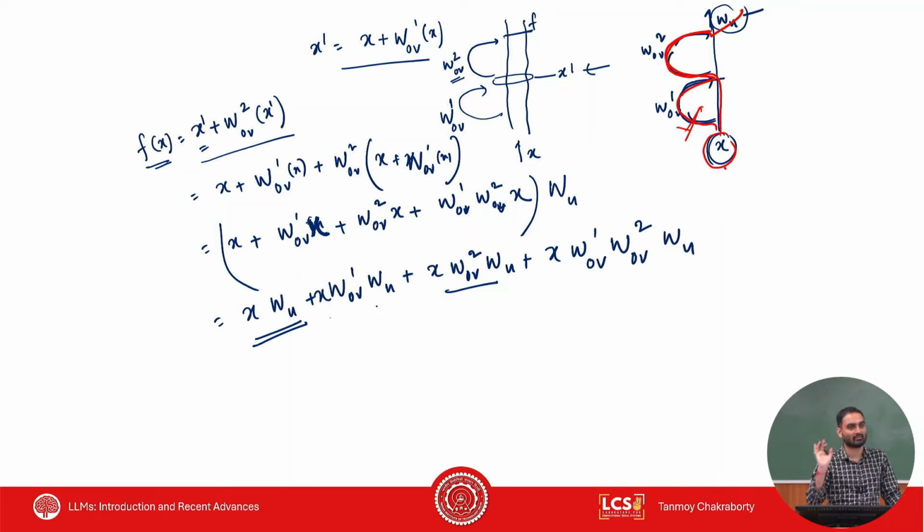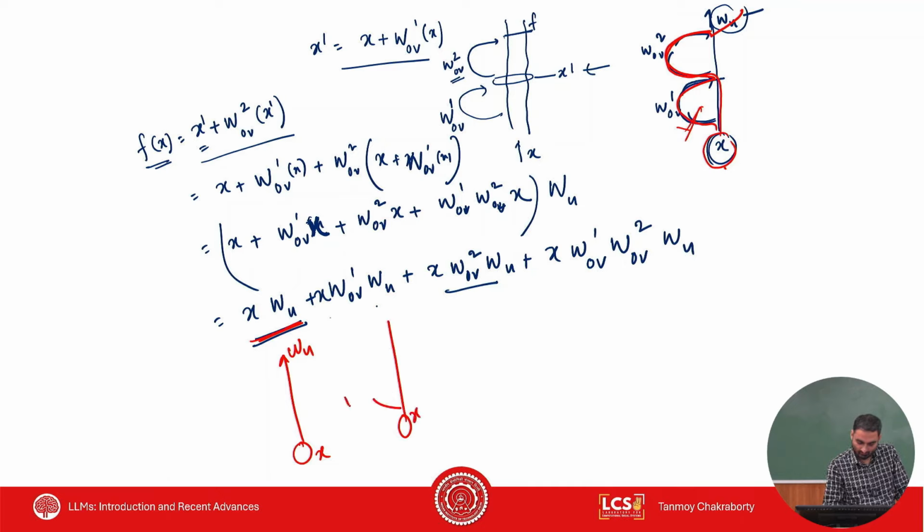There are basically 4 effective circuits that you can think of. For this one, the circuit would look like this: x, WU. For this one, x, WOV1, then WU. For this, x, WOV2, WU.